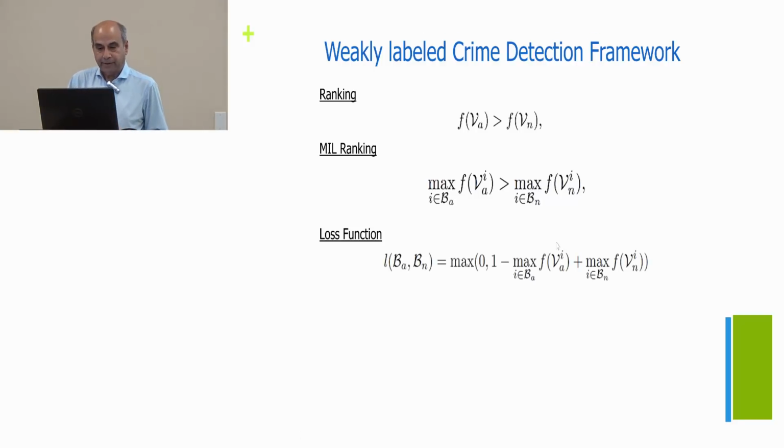We write this as a loss function like this: we take the maximum of the normal and subtract it from the abnormal, normalize between 0 and 1, and then take the maximum of this and 0, because we want to get a positive, and that will do our job.